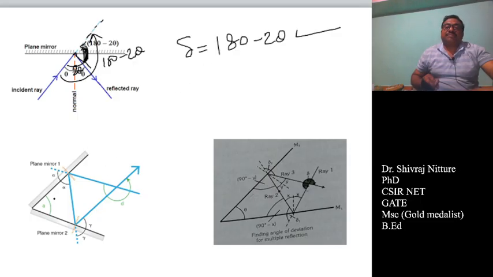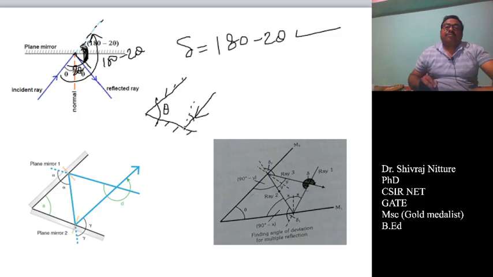We come to this diagram. Here are 2 plane mirrors like this, one plane mirror and another plane mirror. They are inclined at angle theta, and in this case we have to find the angle of deviation. Look, here one ray is incident like this, and this is the normal at the point of incidence.